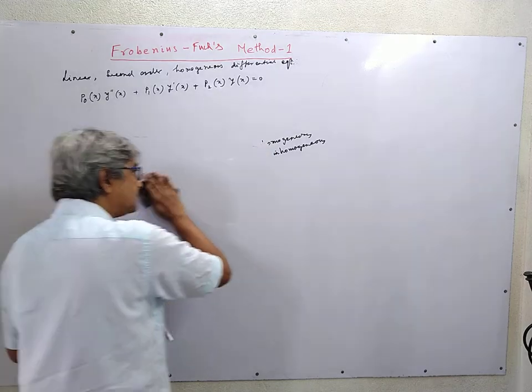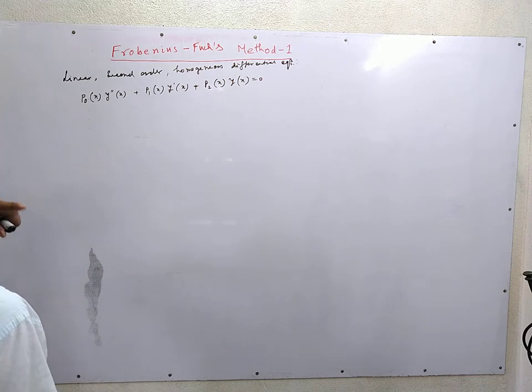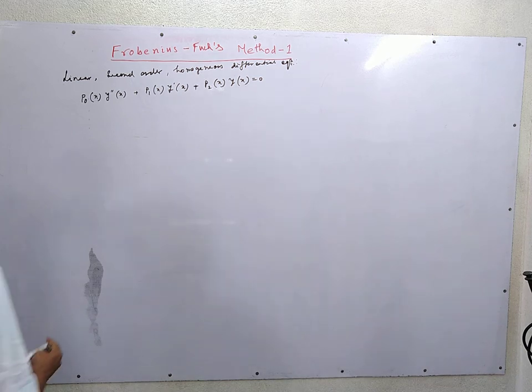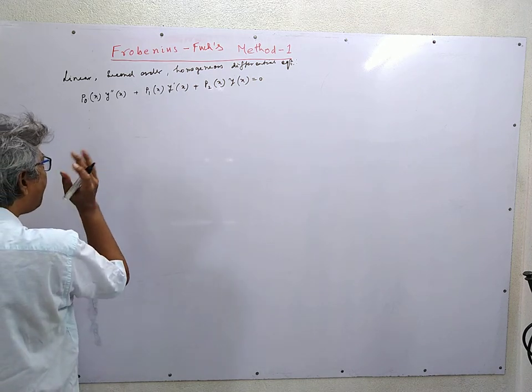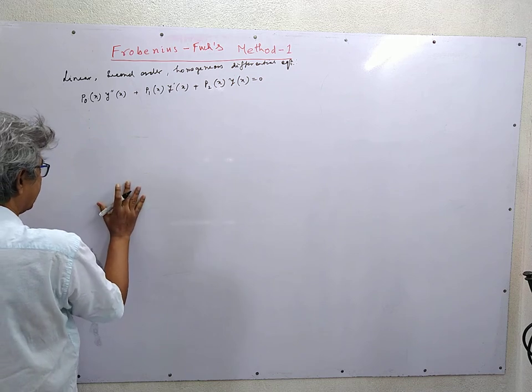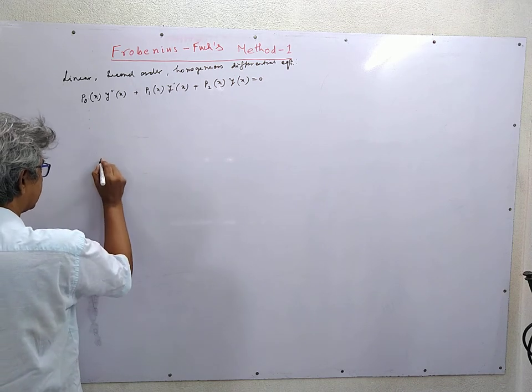Firstly, as we have said, there is a large category of such equations which cannot be solved by the elementary techniques known to you till now. There are two methods which are very close to one another. One assumes y to be in the form of an infinite series. Now the basic idea behind this expansion is the Taylor series.